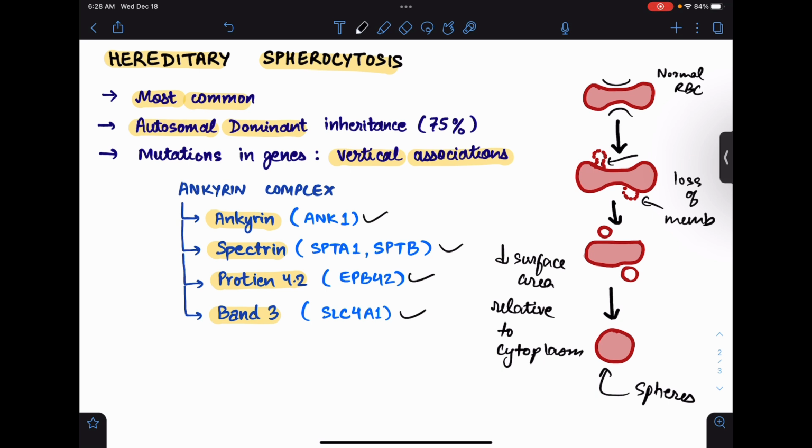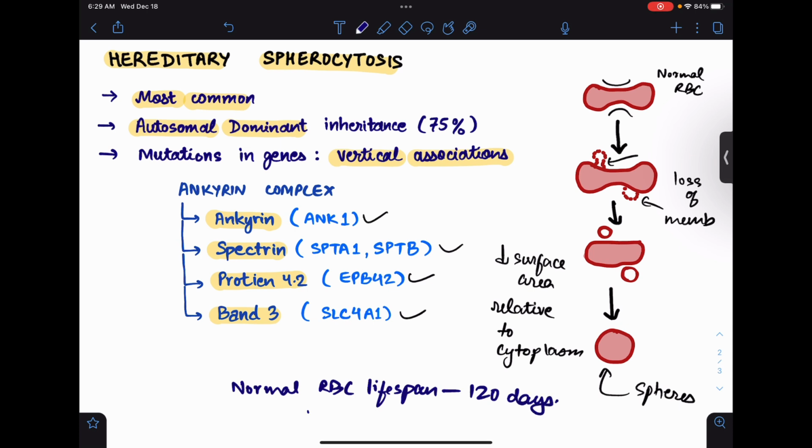Which makes the RBCs less deformable and they take the shape of spheres. And these spherocytes are destroyed as they traverse the splenic sinusoids.